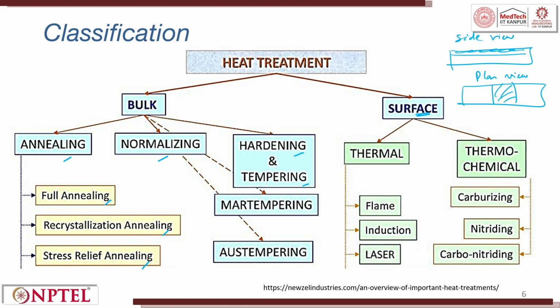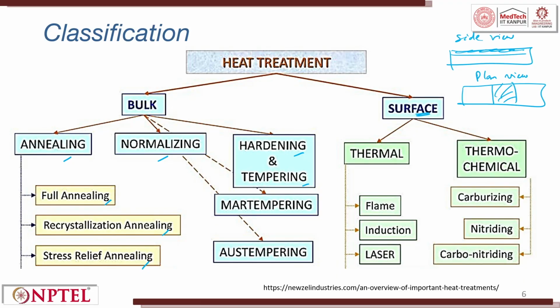Now, annealing, normalizing, hardening, you cannot change the shape and size of the material. All you can do is play with the temperature and time, that is all. Putting this inside a furnace, I play with the temperature and time and see what response I achieve.